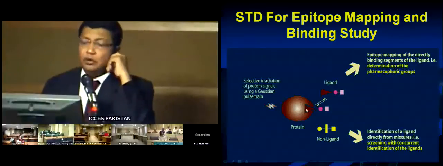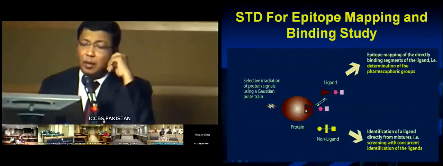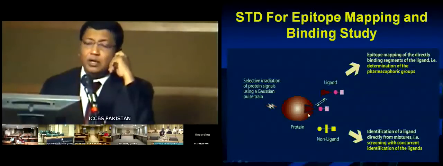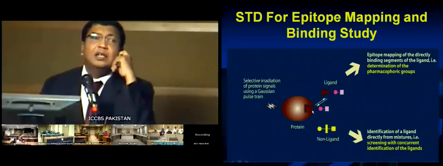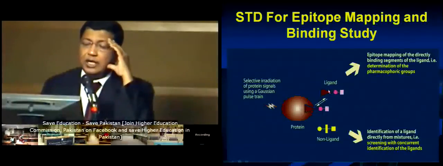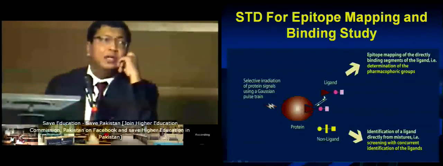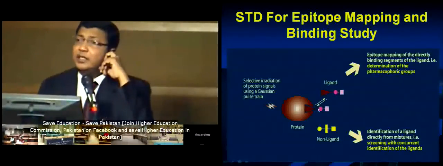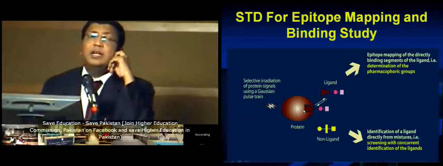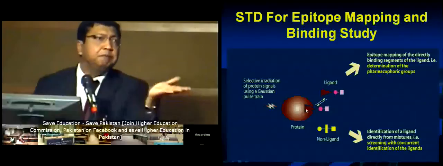And if it is close to the active site, if it is fitting in the active site, part of the molecule, not the whole molecule, it is the epitope, right? It is part of the molecule. And remember what will eventually happen, that this ligand molecule in the bound form will receive energy from the protein by a phenomenon called nuclear Overhauser effect.